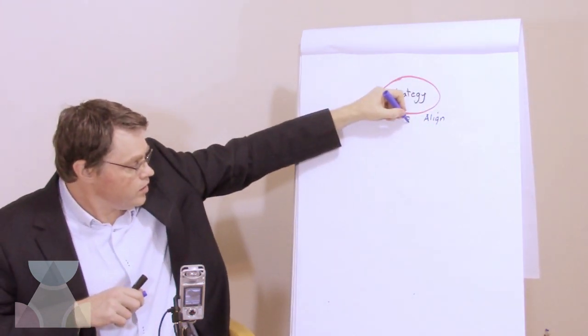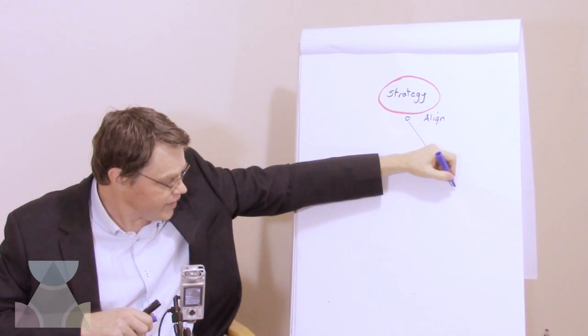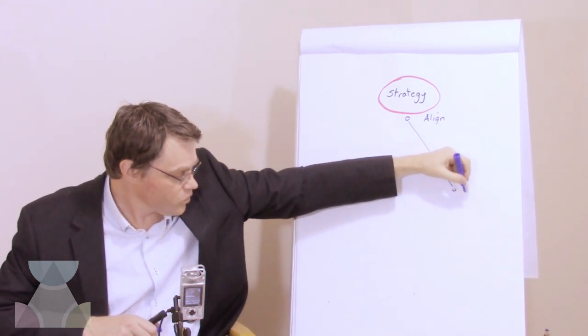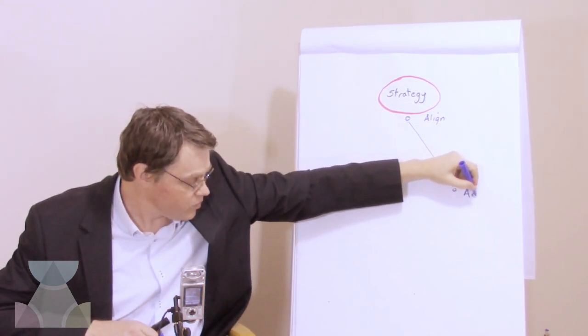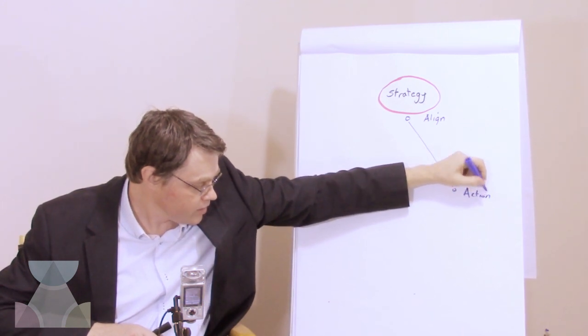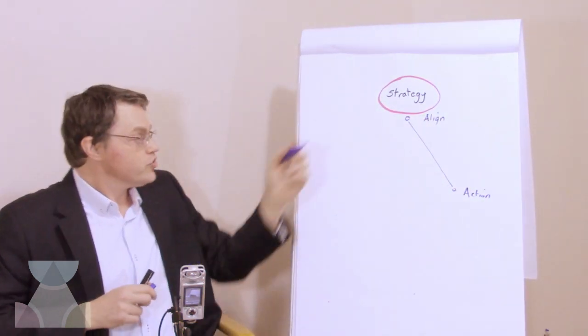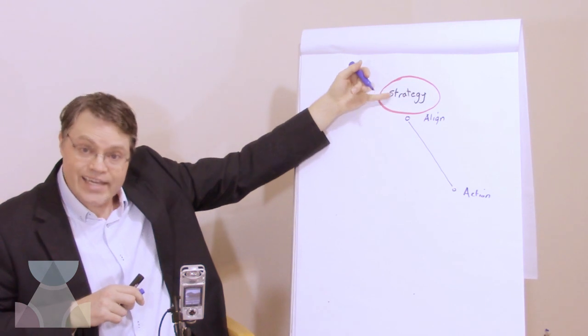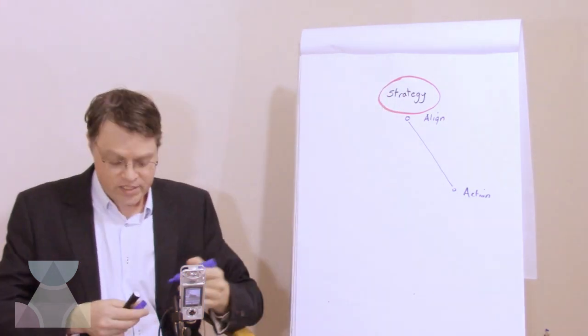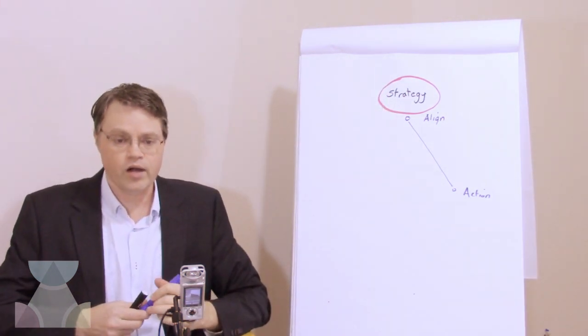So going down the other side, we have implementation or action. Nothing is going to happen without action. Translating that big picture strategy into action sounds really easy to do, but this is where almost every company fails.